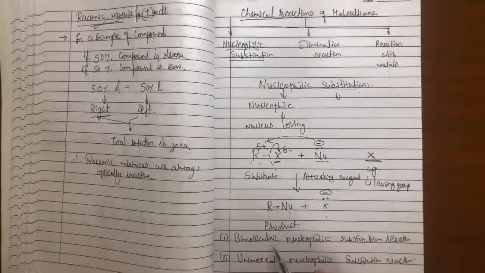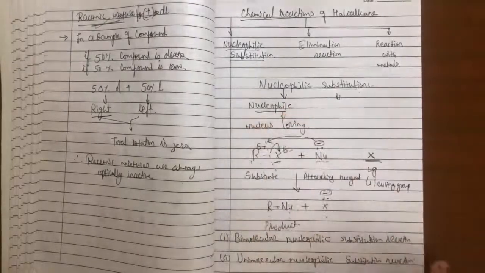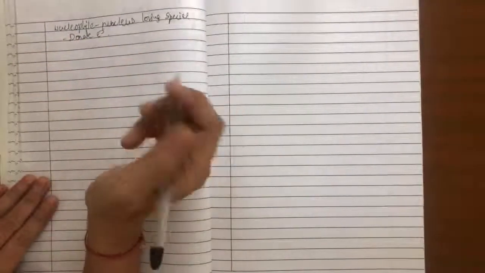Before we go for this in detail, let me first clarify the term nucleophile. Nucleophiles are nucleus loving species, and their nature is to donate electrons to the one which is electron deficient.